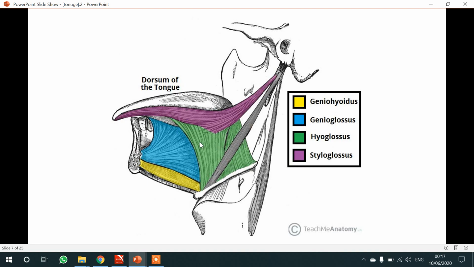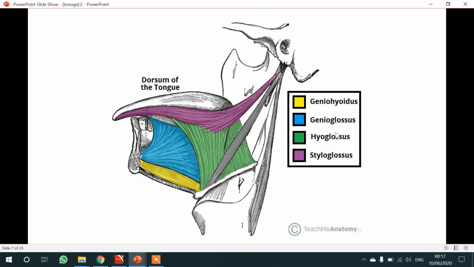First of all, we will go with the genioglossus. This name has two parts: genio and glossus. Always remember the word glossus is for the tongue.